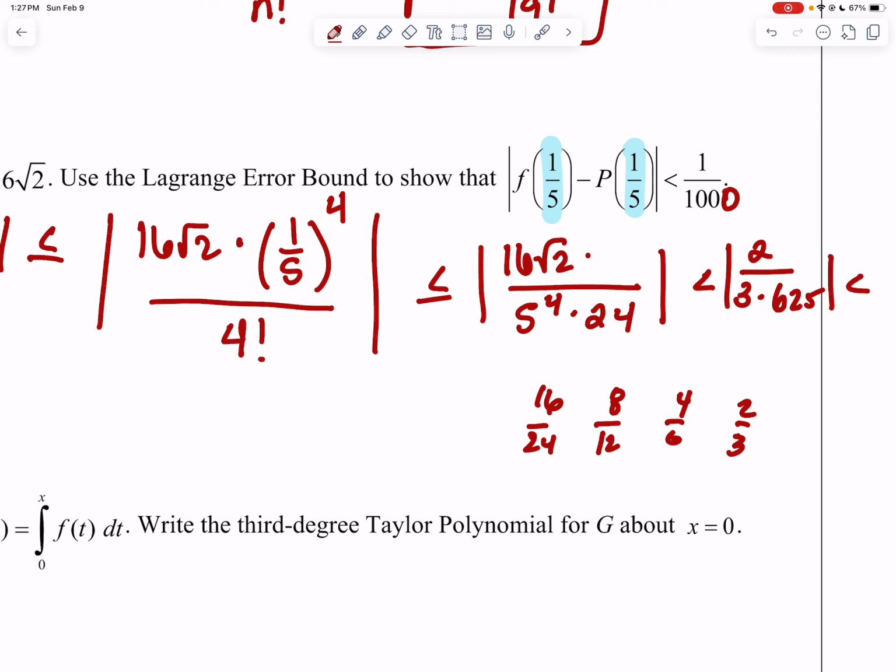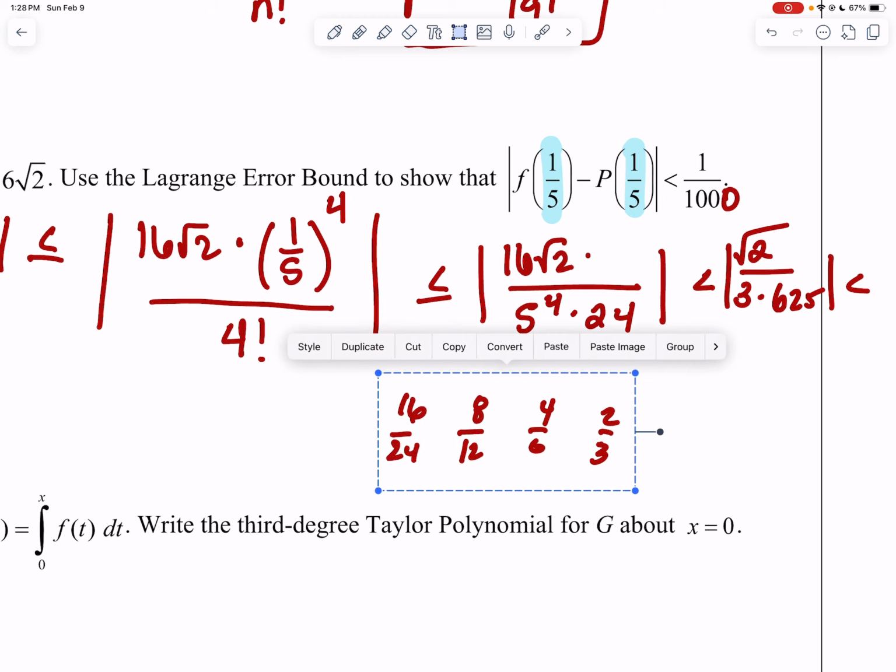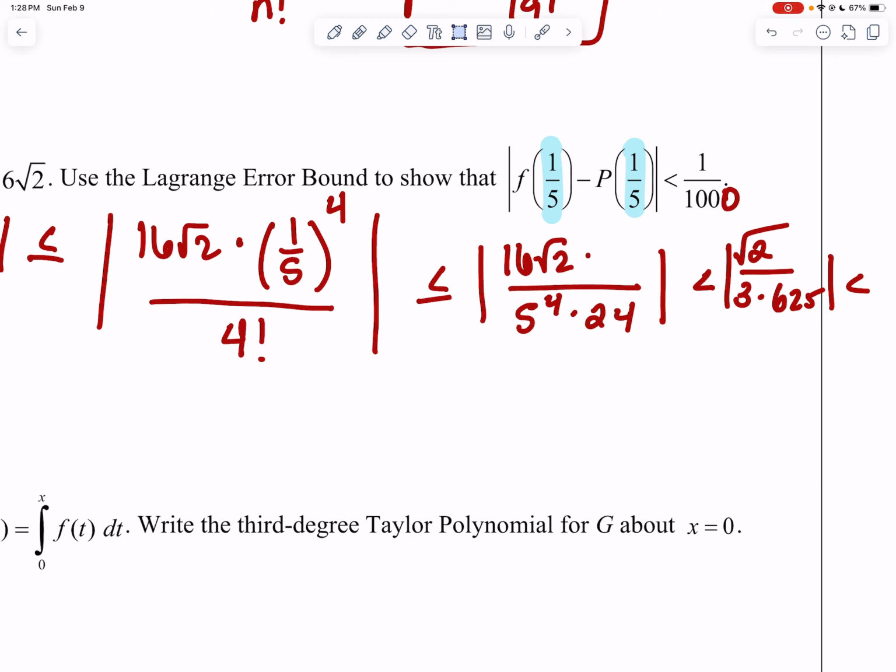And then if I do 3 times 625, I get 1875. That should be root 2. That is obviously going to be less than 1 over 1,000. Pretty fun, I know.